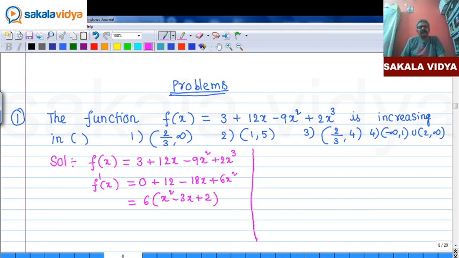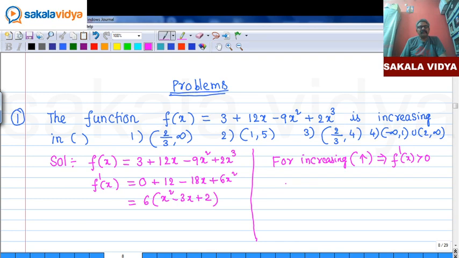See, you remember for increasing, f dash x is greater than 0.